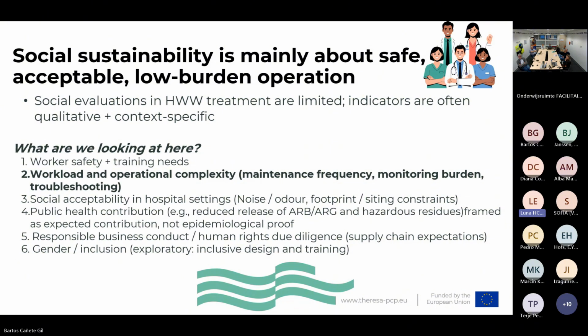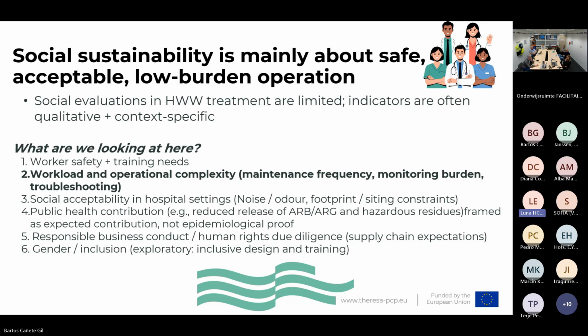Social acceptability in hospital settings, so this relates to the noise, odor, footprint, and siting constraints. It relates to the operational KPIs. Public health contribution, the reduced release of ARBs and ARGs and hazardous residues can be framed as an expected contribution, not as epidemiological proof, but the reduction of AMR in general could be a public health contribution.